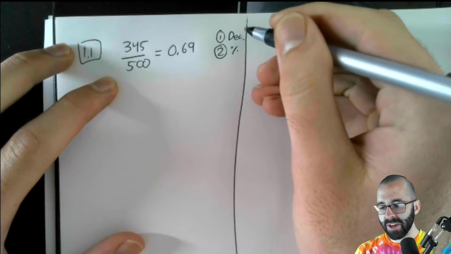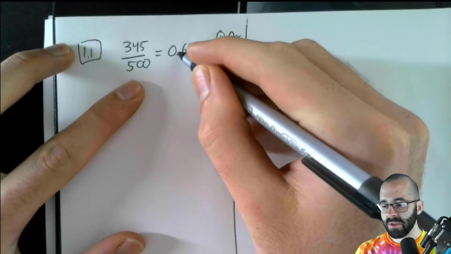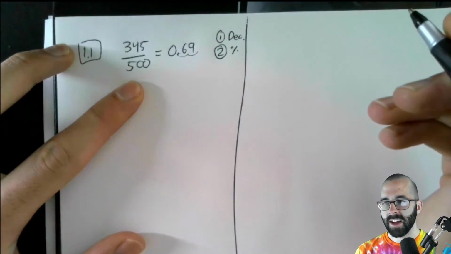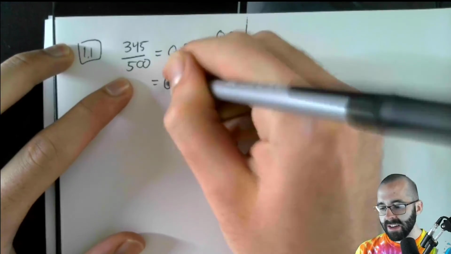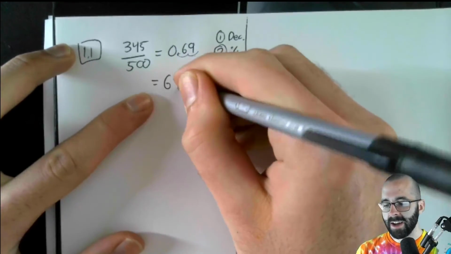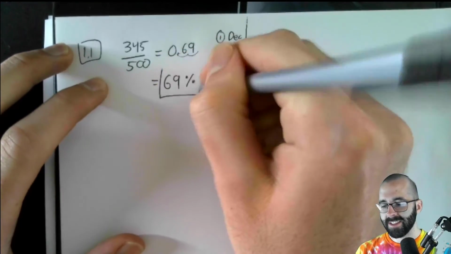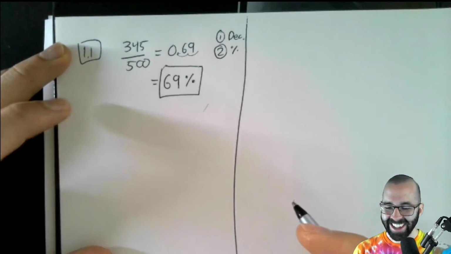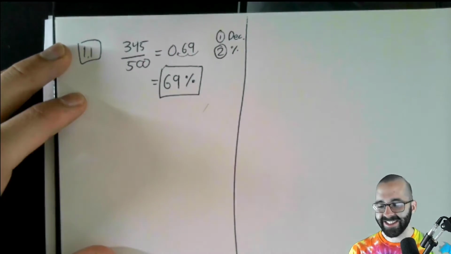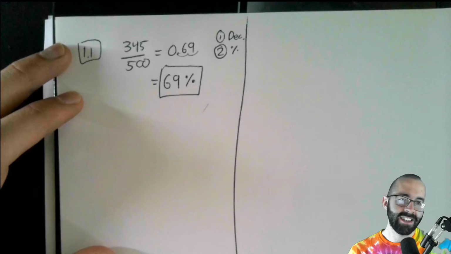So that's step one. Step two is just move the decimal 2 places to the right, and we'll write that as a percent. So 2 places to the right makes it 69, and now we add a percent sign. That's how we do it. So 69% of people that were asked like sea turtles.